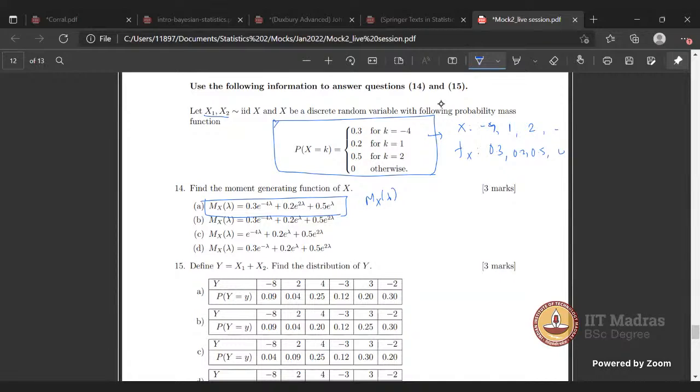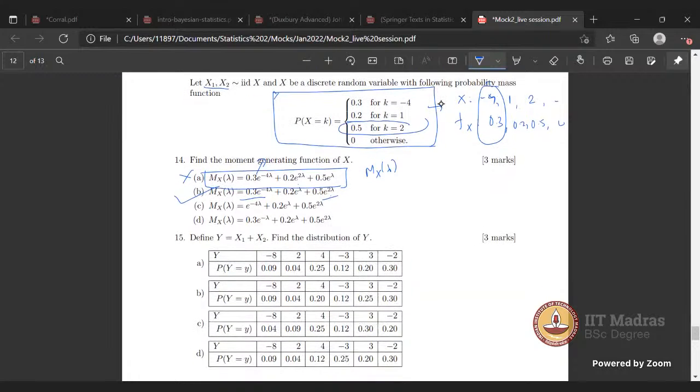That matches the first case, the first value that it takes. Second, x is taking the value 2 with probability 0.2. That is wrong because x is taking the value 2 with probability 0.5. So I can discard this option. The second one was right: x is taking the value 1 with probability 0.2, and x is taking the value 2 with probability 0.5. So I can see that this is the correct answer.